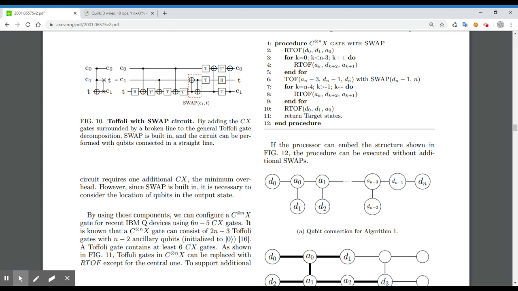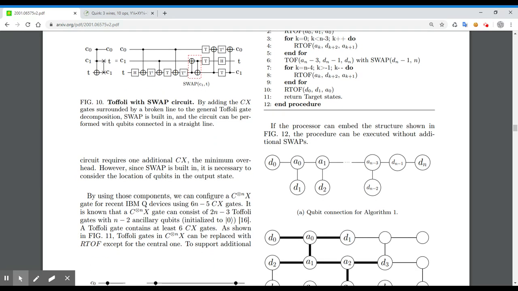So you're increasing the chances of error, but in turn you can actually implement it at all. I mean, because you wouldn't otherwise. Okay, so circuit has one additional control, the minimum overhead. However, since swap is built in, it is necessary to consider the location of qubits in the output state. Swap is built in.